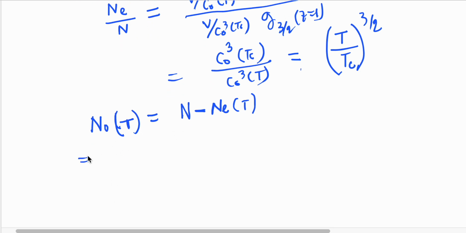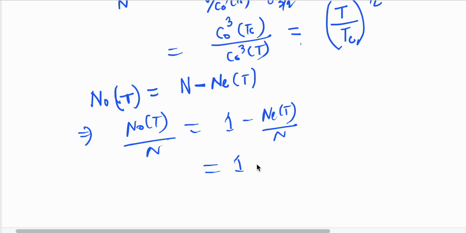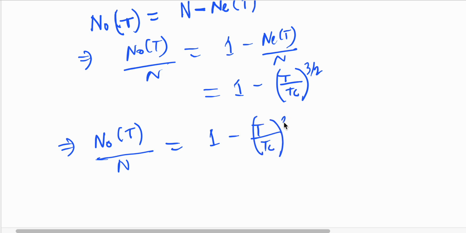If I divide N0 by N on both sides, we get 1 minus Ne by N, which is nothing but 1 minus T by Tc to the power 3 by 2. So at temperature T, that is the fraction of the particles that will be in the ground state: 1 minus T by Tc to the power 3 by 2.